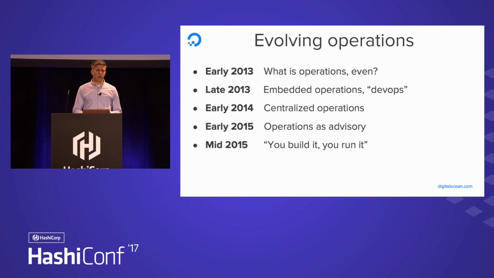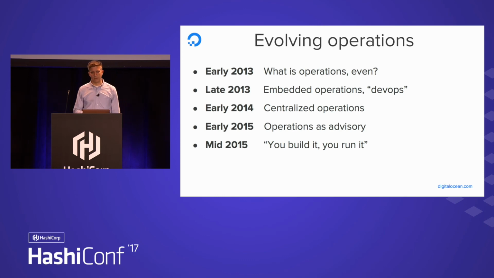But then in 2014, we made a decision to establish a more centralized operations function, because one of the things we were noticing is that our operations folks were almost entirely committed to working on the code and services for the teams, which is good. But the problem was that it was coming at the cost of a lot of duplication in operational functions that we would need across all those services.